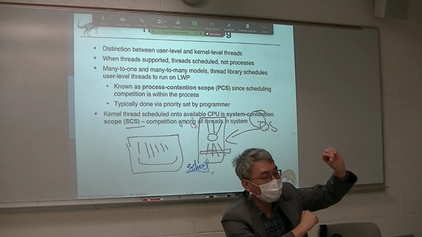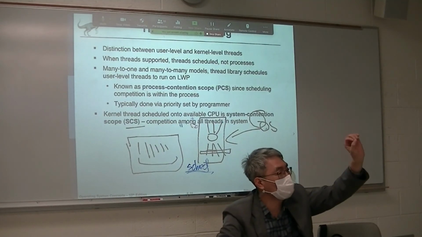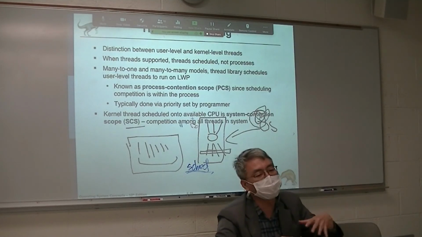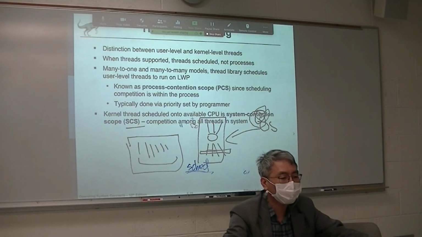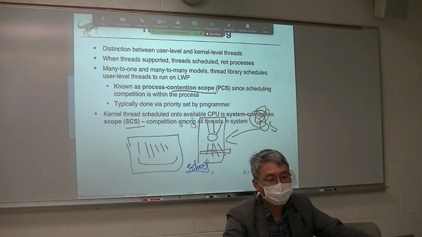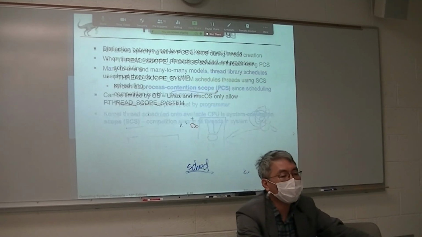If we give permission for a user process or user application to control kernel threads, it will be a problem. Also, there is the process contention scope. Process level mostly focuses on what? User threads. So for user threads, you are able to do thread-level scheduling.